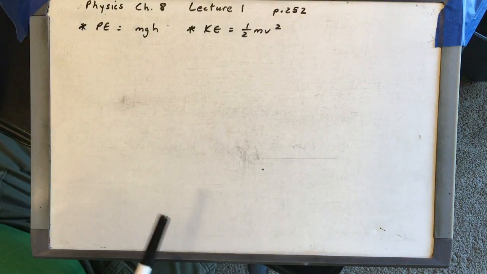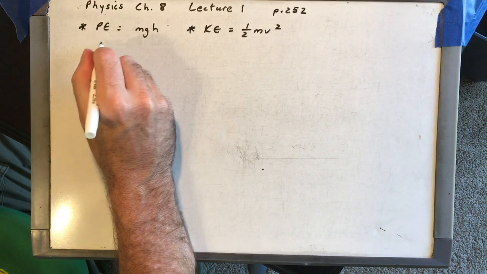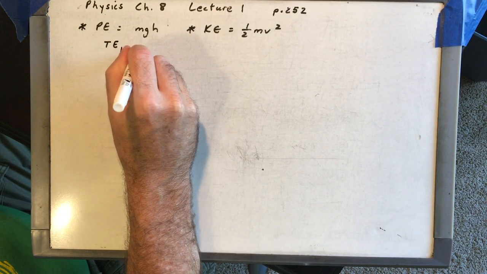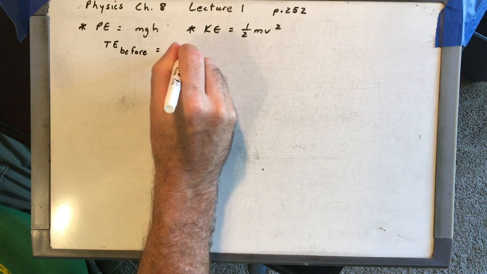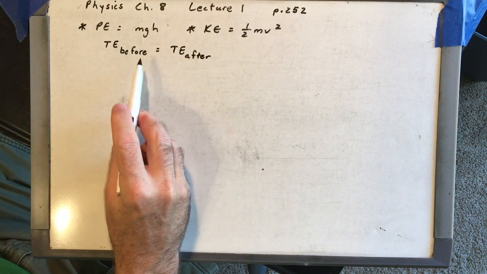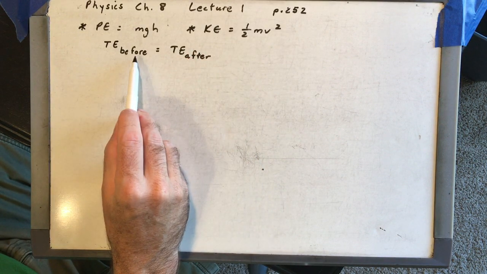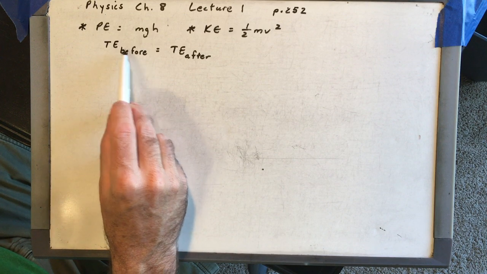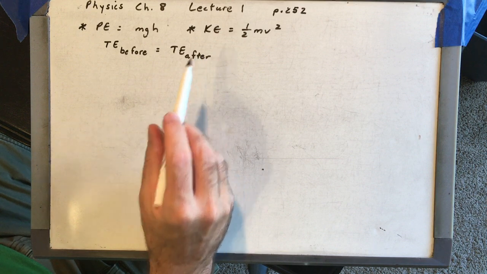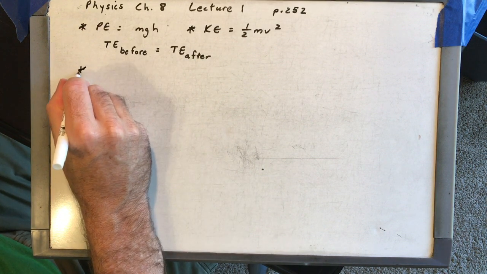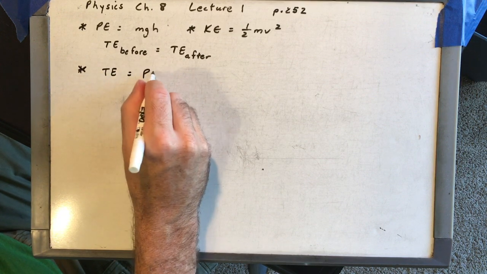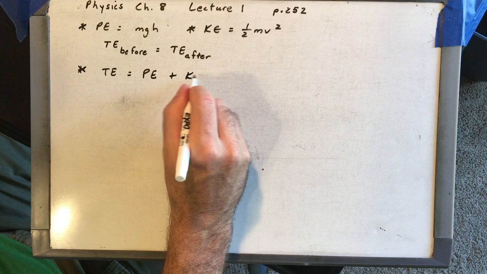So what that means is that total energy before has to equal total energy after. So no matter what change in the situation you have, a change in height, a change in speed, first law of thermodynamics says that the before energy will equal the after energy. Okay, so the energy equation, the overall one, is total energy is equal to potential energy plus kinetic energy.